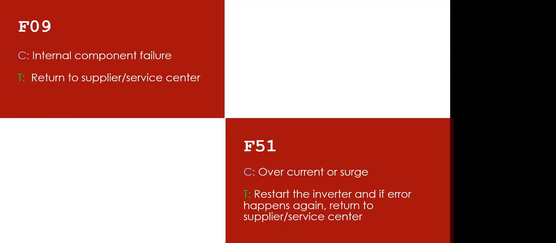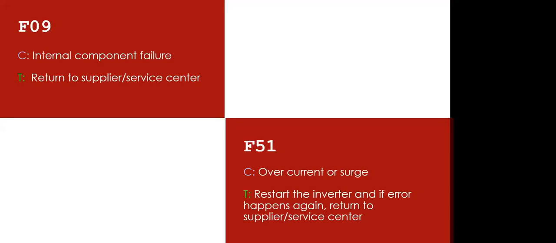The main cause is inappropriate commissioning of the inverter. It can cause it. The surge, either from the grid or from the PV, can cause the F09.